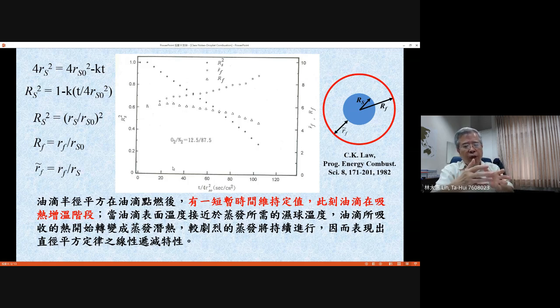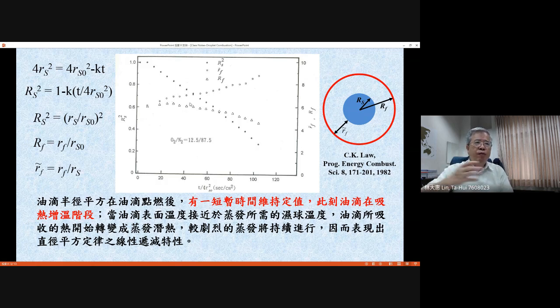Then the fuel accumulates in the region between the droplet surface and the flame. Looking at the RF tilde represented by the open circle, you can see some increase. That means the standoff ratio, the region between the liquid surface and the flame surface, continuously increases. This means the fuel vapor has a stronger concentration that pushes this region larger, and at the same time the flame is pushed to the oxidizer side.